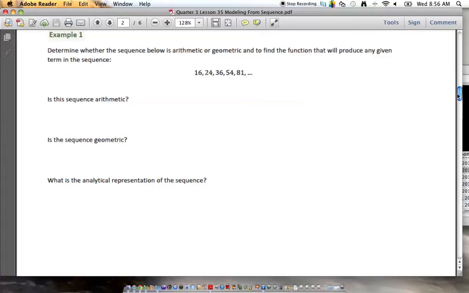What's an analytic representation of it? Well, I could say a sub 1 is 16, and a sub n plus 1 is 3/2, which is 1.5, times a sub n. Now, anytime I get an answer like that, I always like to plug it in and see if it checks.